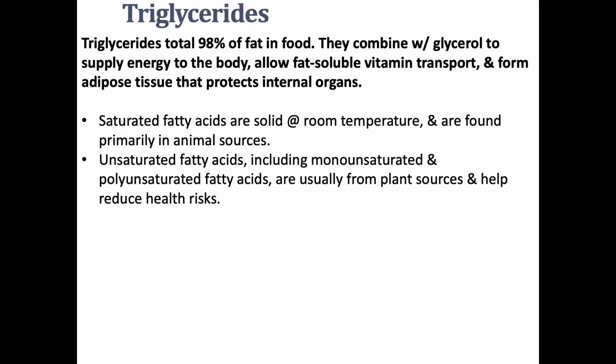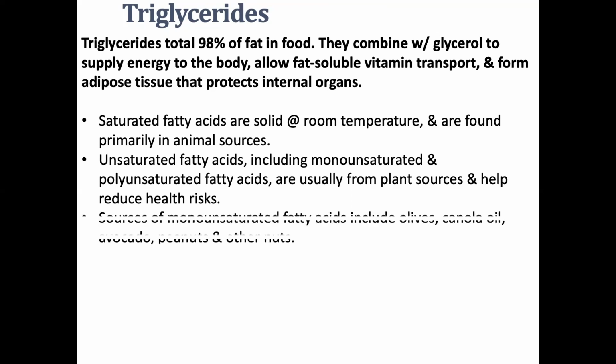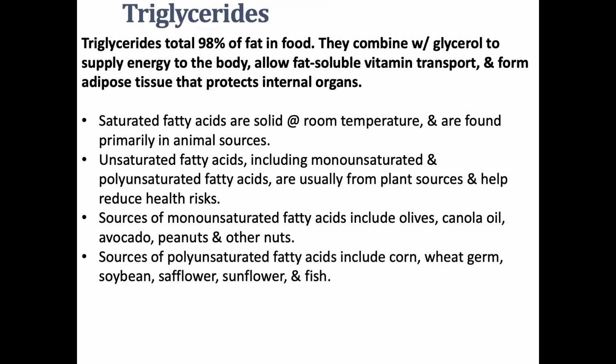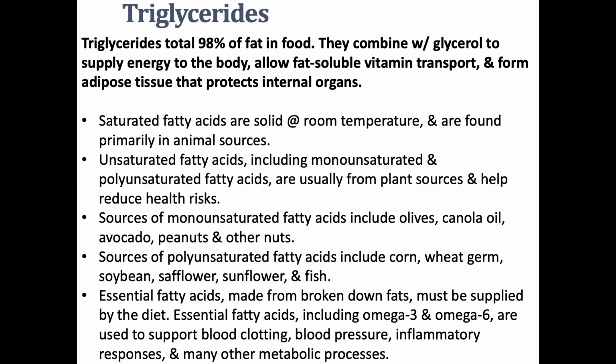Saturated fats are solids at room temperature and come from animal sources, and unsaturated come from plant sources and tend to be liquids at room temperature and are going to reduce your cardiovascular risk if you cook with them, okay? Sources of monounsaturates include olives and canola oil, and avocados, peanuts, and nuts. Sources of polyunsaturated are corn, wheat germ, soybean, safflower, sunflower, and fish.